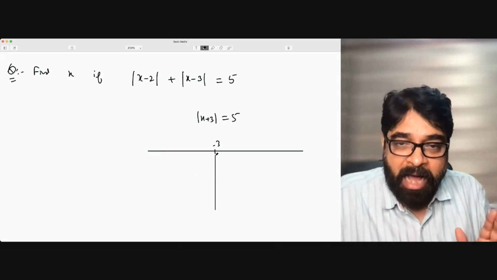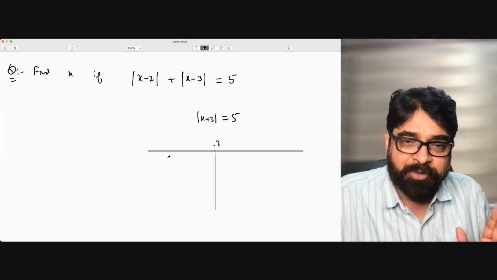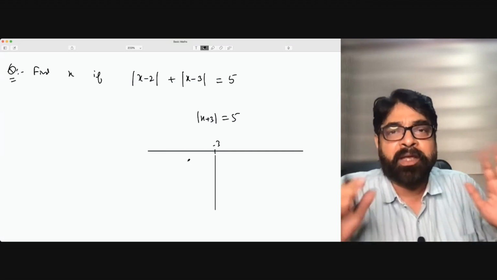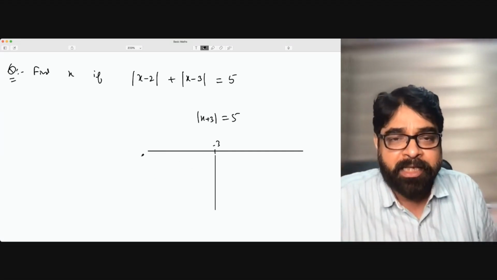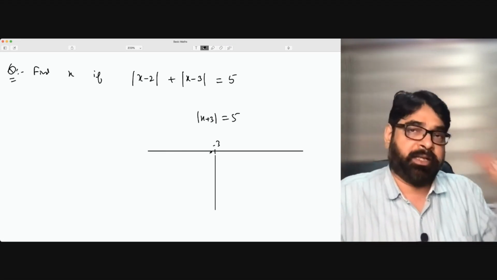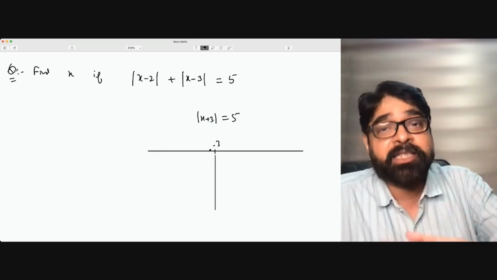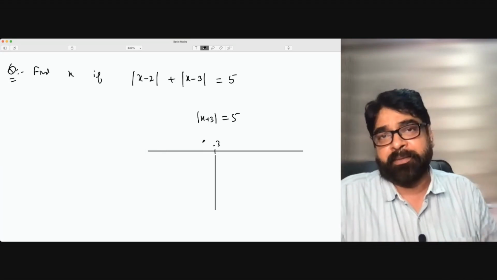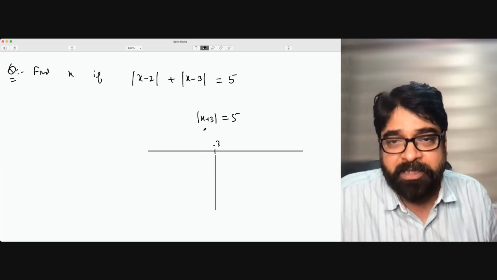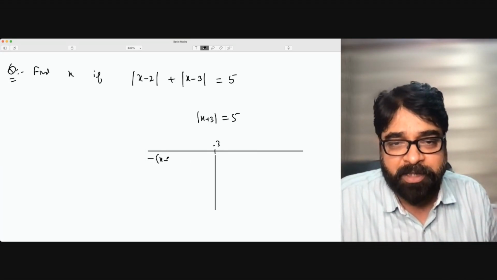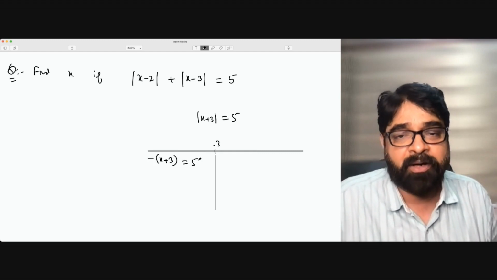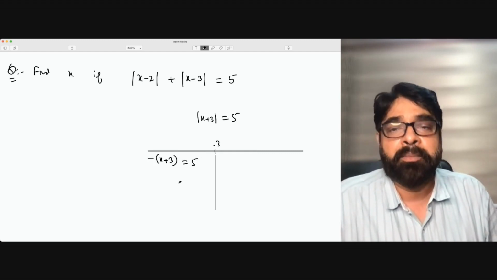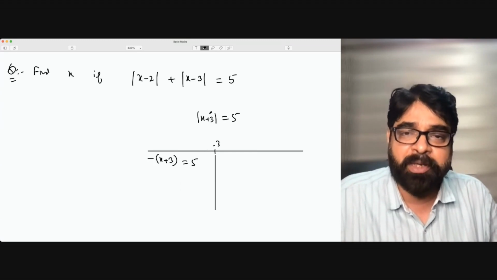Okay? Imagine I am solving only this. Means I am thinking my real number line is only from minus infinity to minus 3. Between minus infinity and minus 3, this is a negative quantity. So in place of this, I can write minus of x plus 3 equal to 5, or not? Yes. Because if x is less than minus 3, this will be negative.